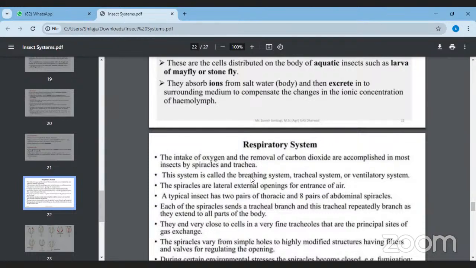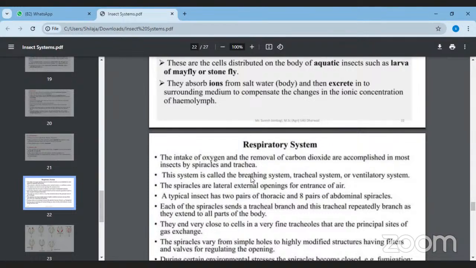And we also describe how the tracheae are protected without collapsing, how the strength is given by the intima layer, and about the trachea, tracheoles and air sacs. We also describe the spiracles: polypneustic, oligopneustic, and apneustic.